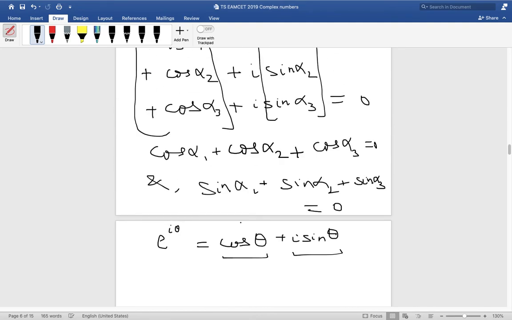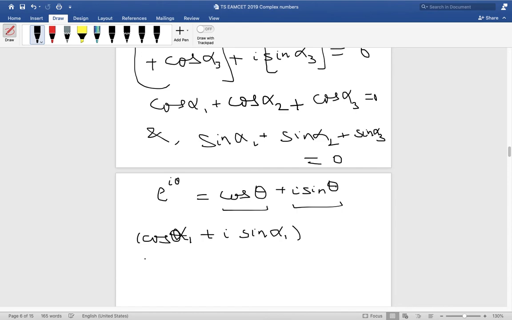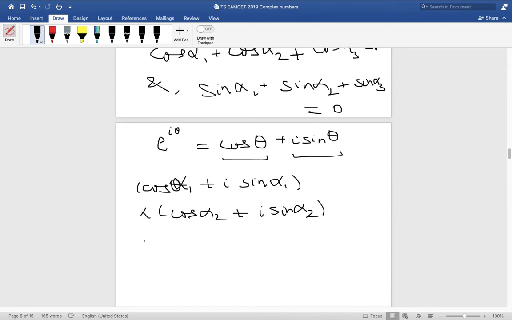So when I multiply these three, I will just get sums of these thetas over here. So cos alpha 1 plus iota sine alpha 1 into cosine of alpha 2 plus iota sine alpha 2 into cosine alpha 3 plus iota sine alpha 3.